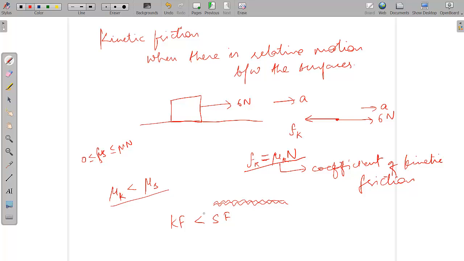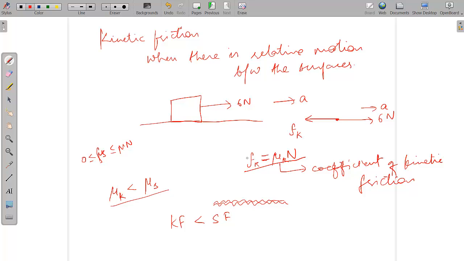Static friction will be zero. When you start applying a force, the body still resists moving, and the static friction starts increasing according to your force. We discussed that static friction varies from 0 to some maximum value, after which the body starts moving. When the body starts moving, the friction force acting is called the kinetic friction force.